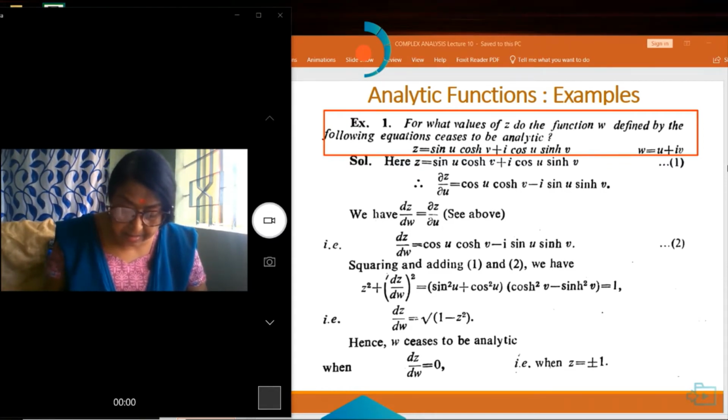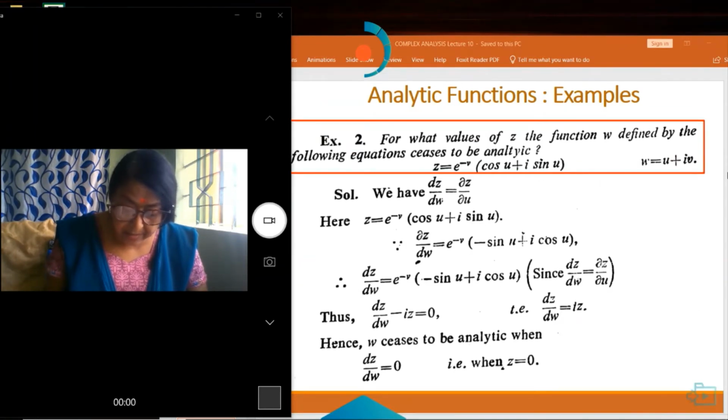For another example, z is given. It is also in the form of u, but we need dz/dw. So we can write dz/dw = ∂z/∂u. Now calculating ∂z/∂u, we can replace it by dz/dw. So dz/dw is whatever you can see on the screen.